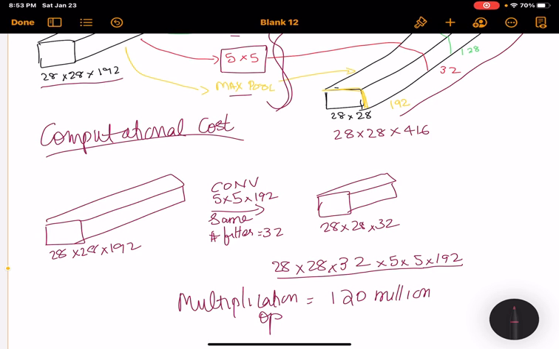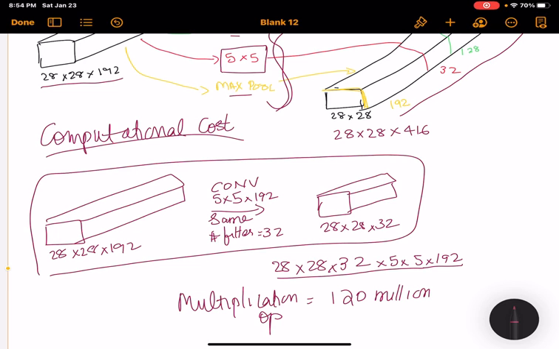And as we know, multiplication is a computationally intensive and expensive operation within a computer. So we are just looking into the multiplication operation here. As you can see, in order to just perform this operation, we require 120 million multiplication operations.